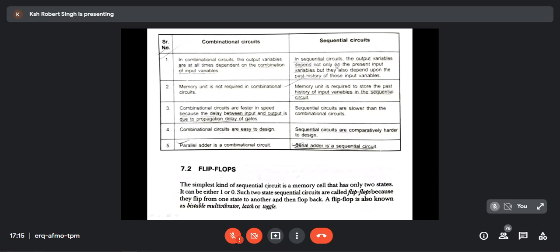When I say previous output, it means a sequential circuit should have memory elements, whereas in a combinational circuit there is no question about the previous output, so memory is not required. You can find these things anywhere. The main thing is that the sequential circuit output depends on the present as well as the previous output. That is the main difference.